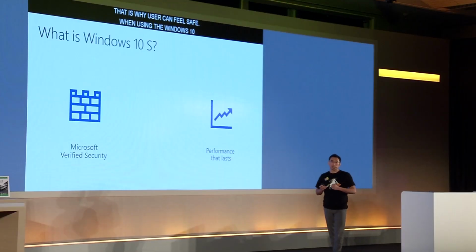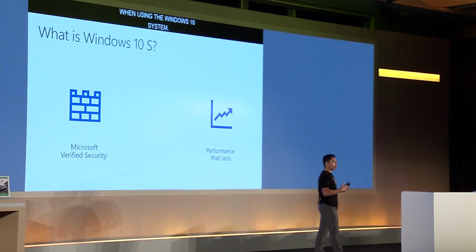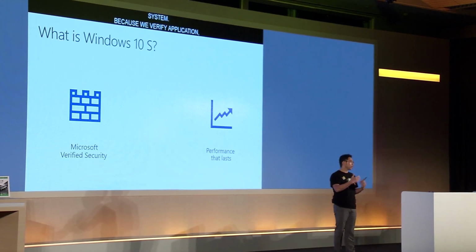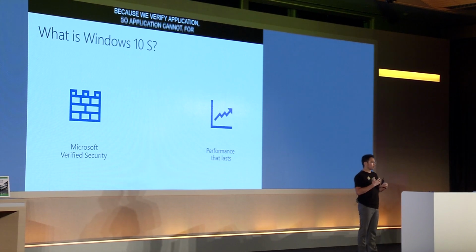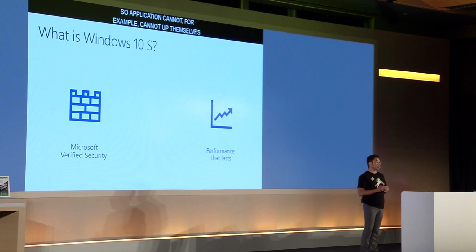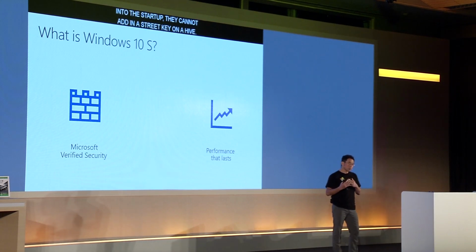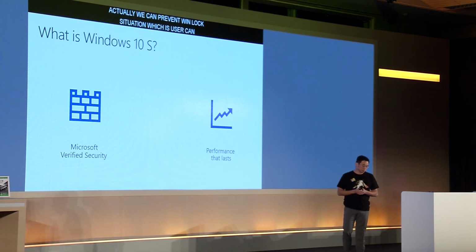Performance that lasts, which is because we verify the application, so an application cannot, for example, add itself into startup, or add a lot of registry keys in the registry hive. So that is why we can prevent the slowdown situation, where the user can feel that the first day performance will stay, maybe after 100 days or 365 days.